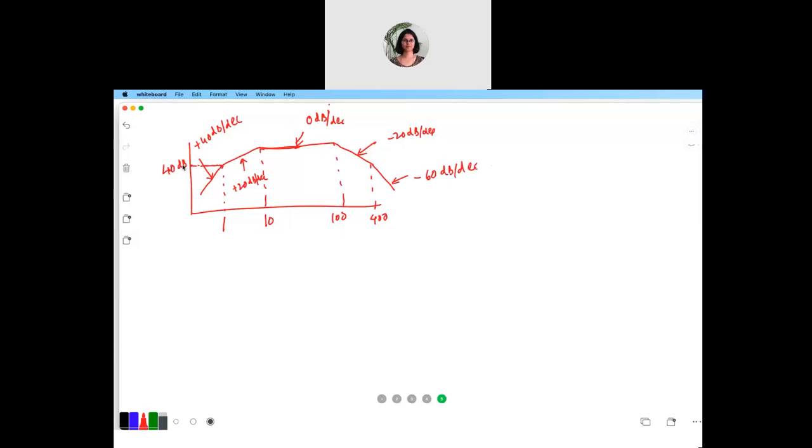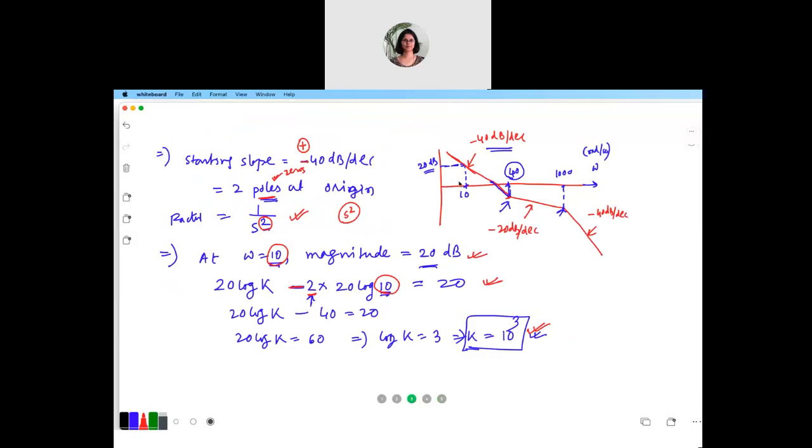One important point for the second step that we have solved in the previous problem, this K calculation: remember that when I am calculating this K, I am writing this equation, the magnitude that I know should be with the starting slope itself. If I know the magnitude here, I cannot use it directly like this, how we have done.